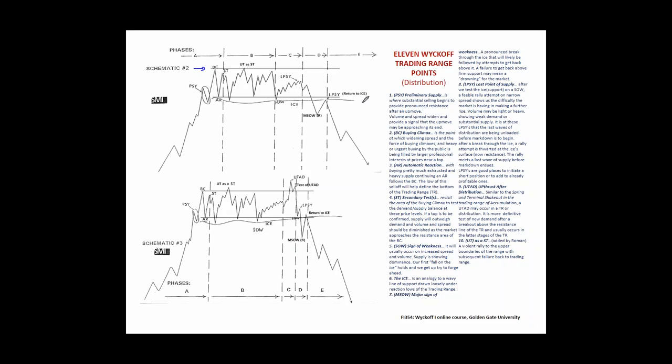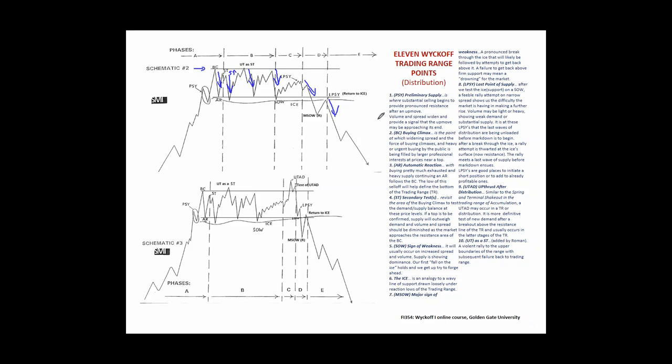That resistance area is being defined by large sellers that are holding, checking the price and keeping it from rising further. And so that's what sets up distribution. Now, they're in a race. They're in a race to be able to sell at the best price possible to get out of their shares. Then when they are sponsorship, they are strong hands.